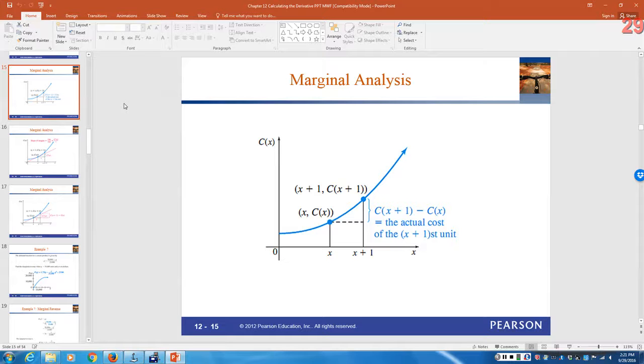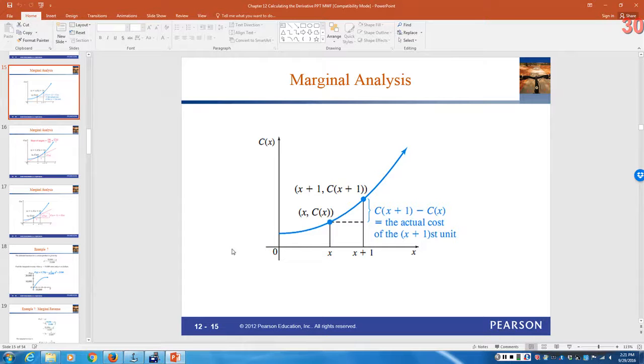Marginal analysis is talking about the rate of change in your profit, your demand, your cost, your revenue. Marginal always indicates you're talking about slope or rate of change. So what we're looking at here, if this is a cost function, let's say, where you have a fixed cost at the y-intercept, and then the function itself is quadratic because it appears to be curved.